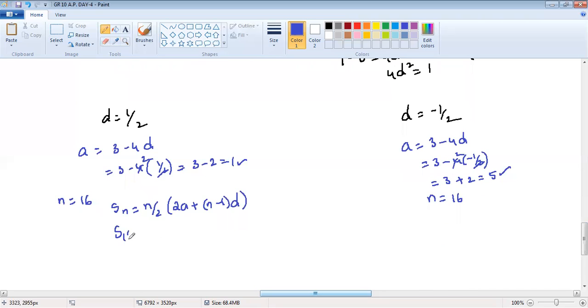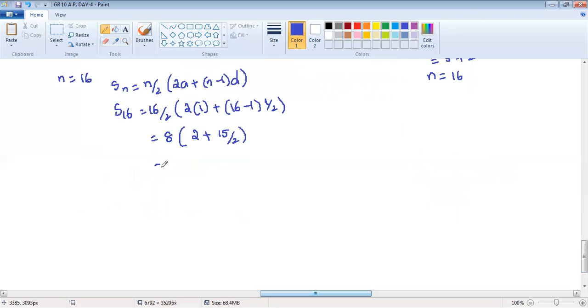Then S16 is 16 by 2 into (2a, with a as 1, plus 16 minus 1 into d, with d as 1 by 2). Now 16 by 2 is 8, and 15 into 1 by 2 is 15 by 2.